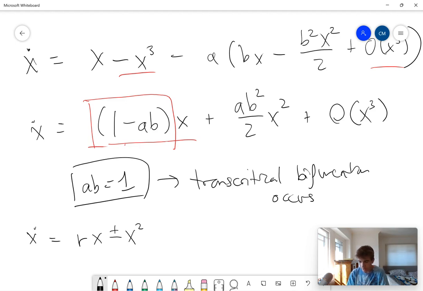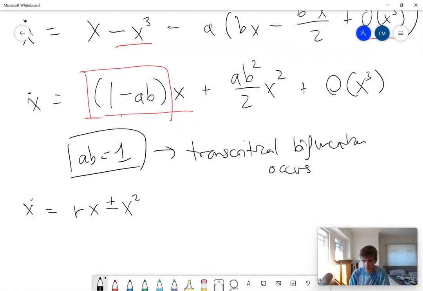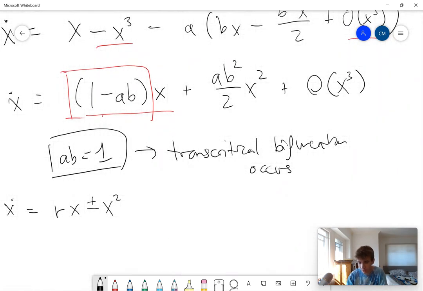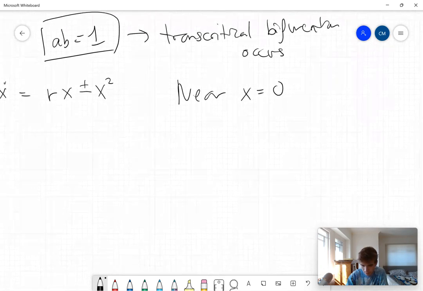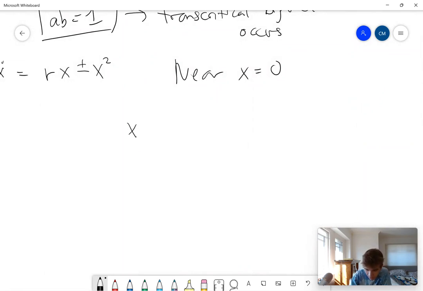And now the last thing that Strogatz does in this example is he goes a bit further and says that when x is very, very small, near the bifurcation point, when x equals 0, we can neglect this higher order term, and we can realize that near x equals 0, we have that x dot is approximately 1 minus abx plus ab squared over 2 x squared.